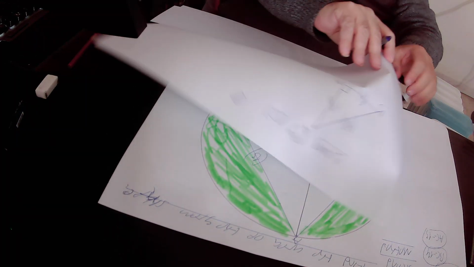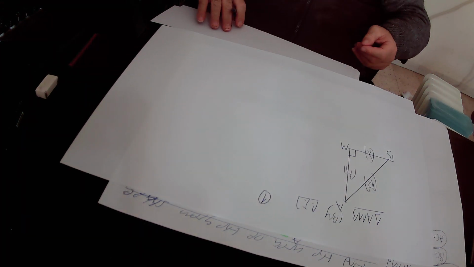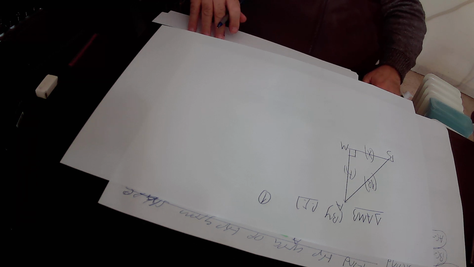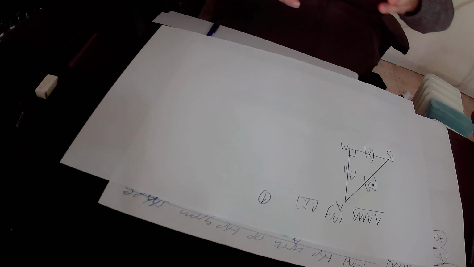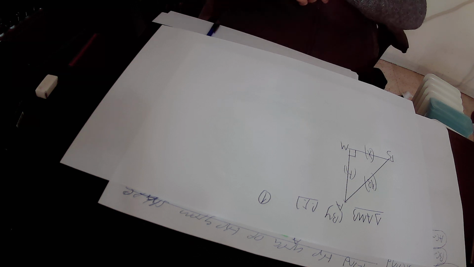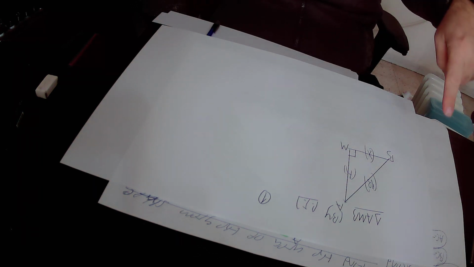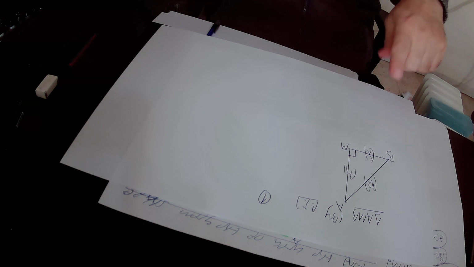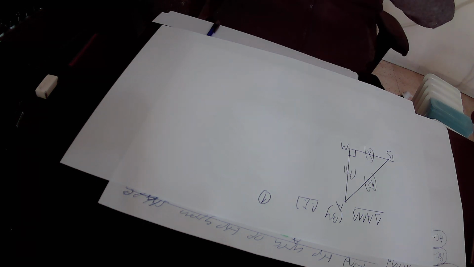So actually, this is the right triangle ABM that we took from the original drawing. Side AB equals 13 units according to what is given in the question. AM equals H according to our definition, and BM equals X also according to our definition.